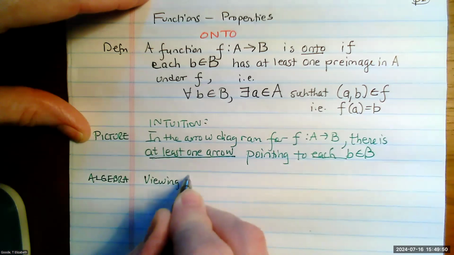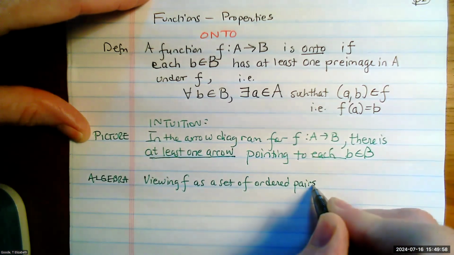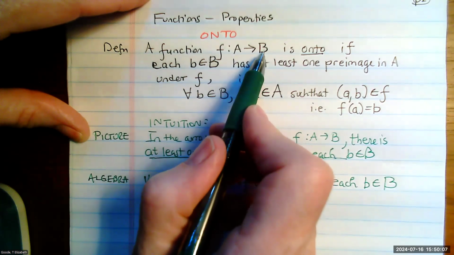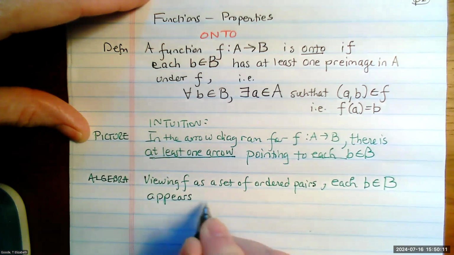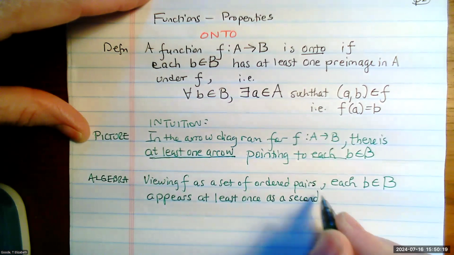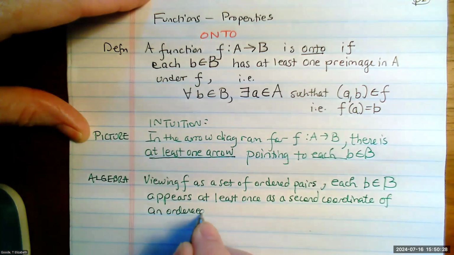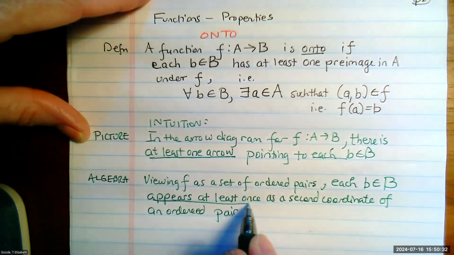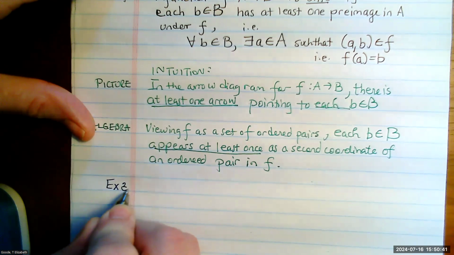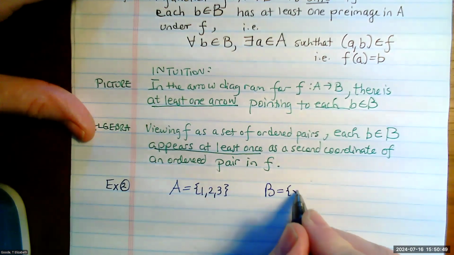Viewing F as a set of ordered pairs, each element little b in the codomain B, the set we're shooting for, appears at least once as a second coordinate of an ordered pair in F. So every element over here in B, again, we can just use A equals the set containing 1, 2, and 3, and B being the set containing x, y, and z.